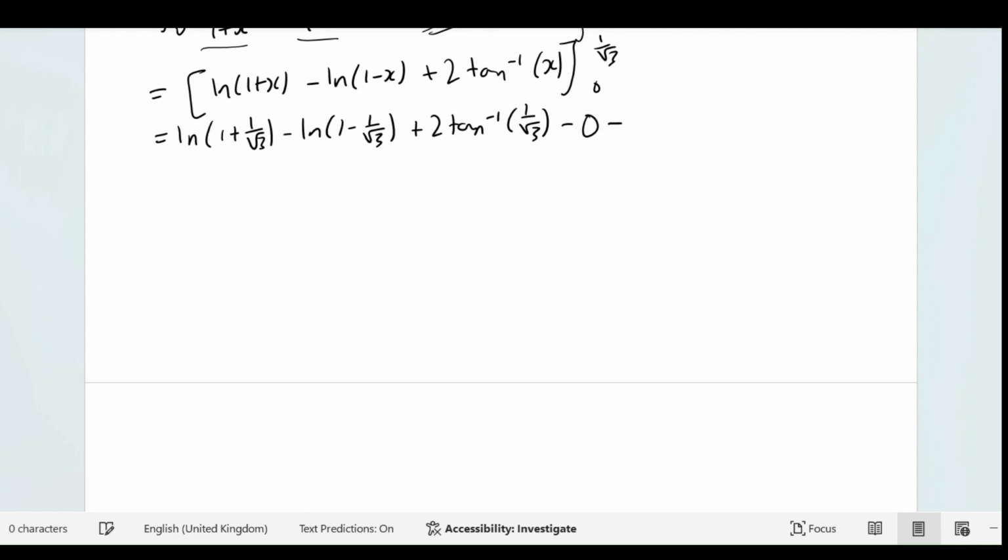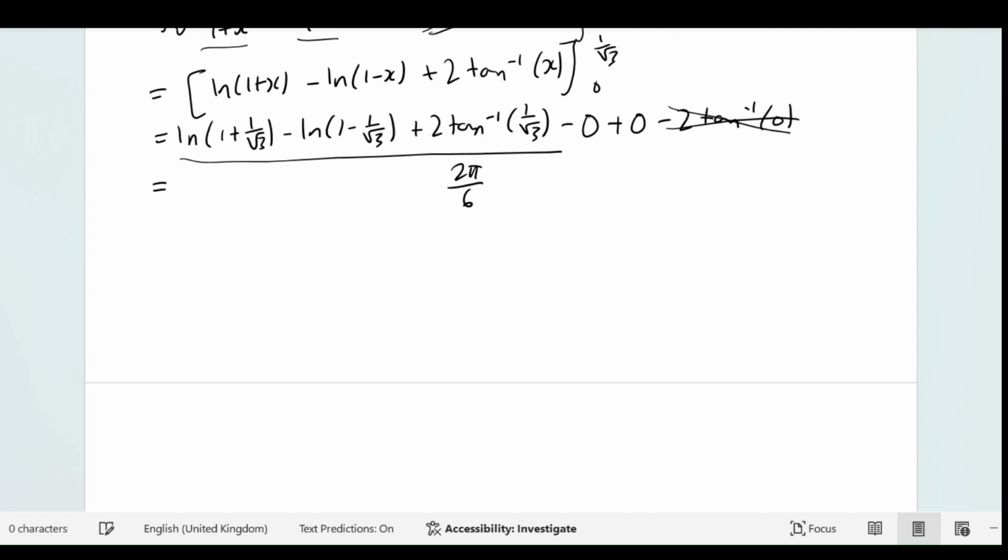Then negative, so negative makes positive, but ln 1 is again 0, so that's 0. And then we take away 2 tan minus 1 of 0, which is also 0, so we can also get rid of this term as well. Now we're left with these three terms. Now, tan minus 1 of 1 over root 3, you can put that in your calculator and it would give you pi over 6. So straight away, I know that this term is going to be 2 pi over 6.